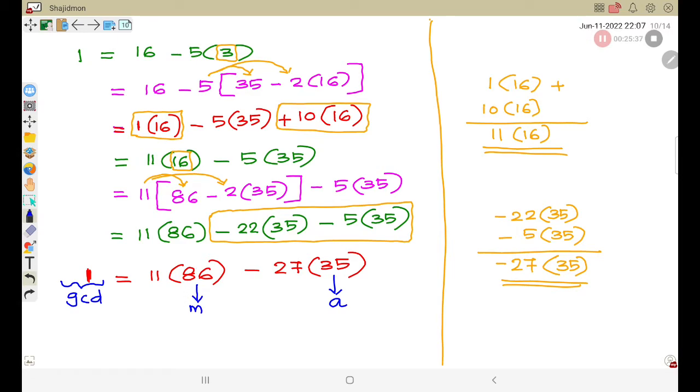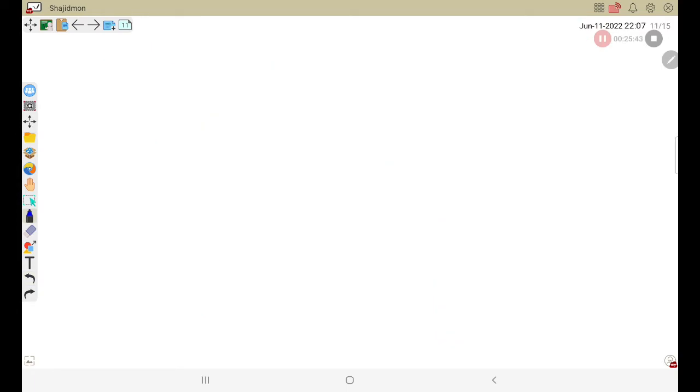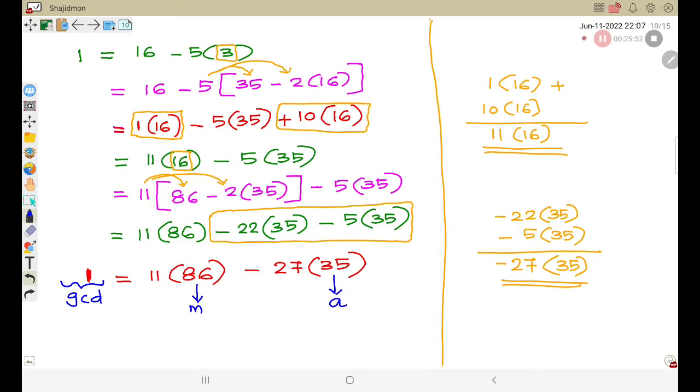Now we are writing the solution. Up to this step, I hope it is clear to you. So now we write the solution. Just think about the last step.